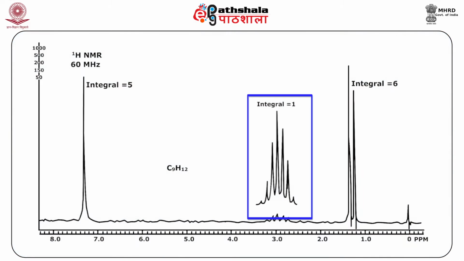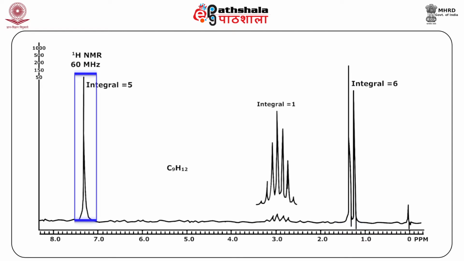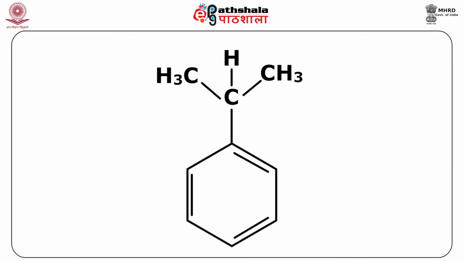A septet at the chemical shift value of 2.9 ppm for 1 proton and a doublet at 1.3 ppm indicate the presence of an isopropyl linkage. The peak at 7.3 delta value for 5 protons is due to the monosubstituted aromatic ring. Thus, the given compound should be isopropyl benzene with the structure.